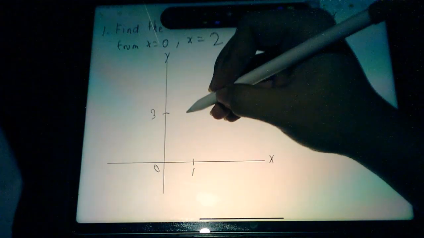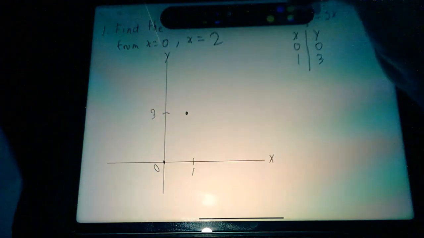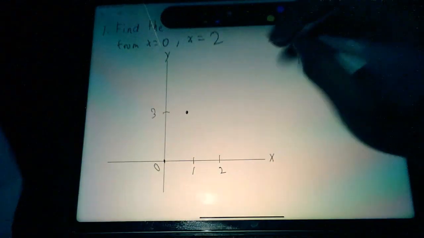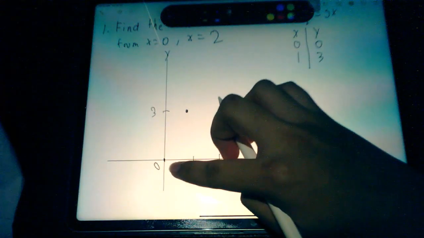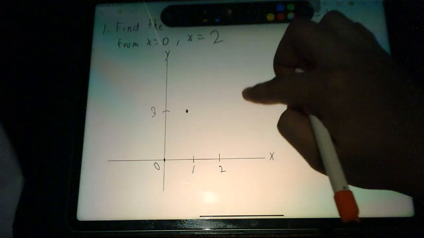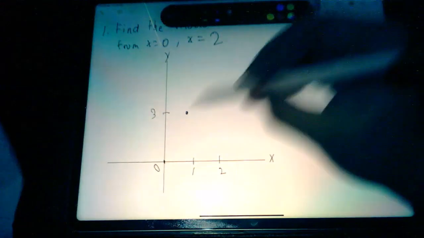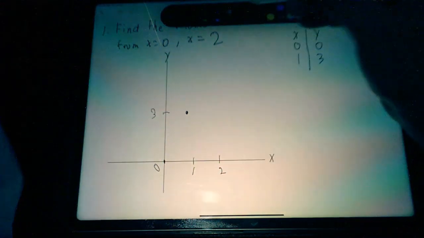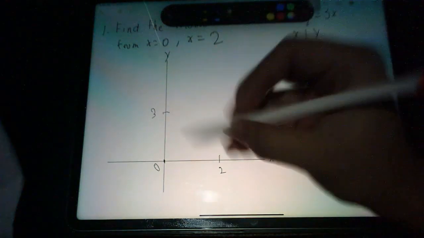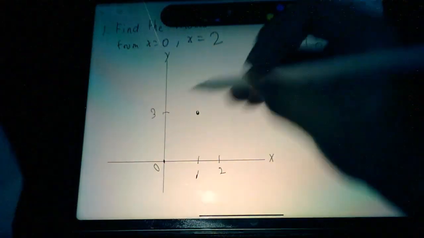Now this is our point 0, and x equals 2. So our limit here is just x equals 2. And then what we will do here is connect these dots. Let me do that, but first we need to make it bigger. Say this is 1, this is 3, say this is 1.